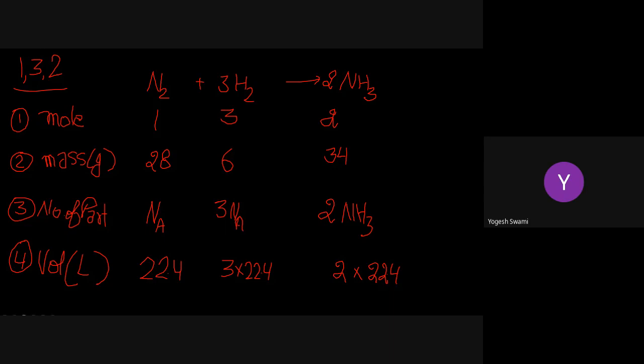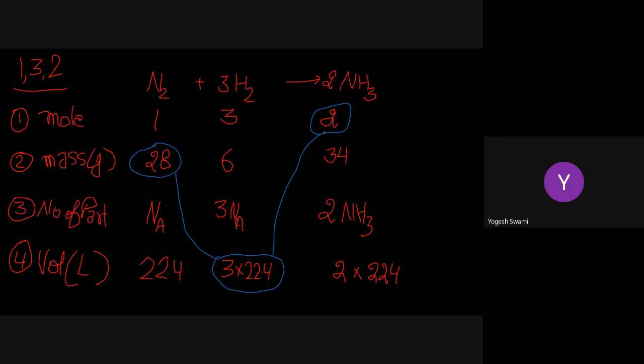For example, 28 gram of nitrogen reacts with 3 into 22.4 liter of hydrogen and forms 2 moles of ammonia. So make a good practice of this example and try to apply it to other numericals or other reactions.